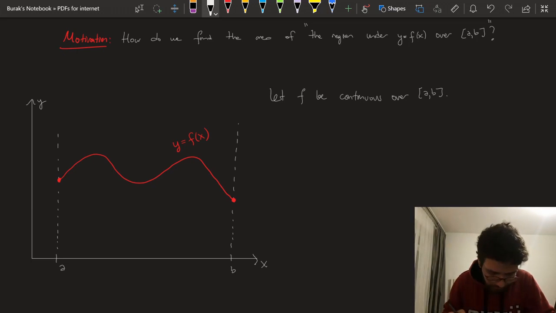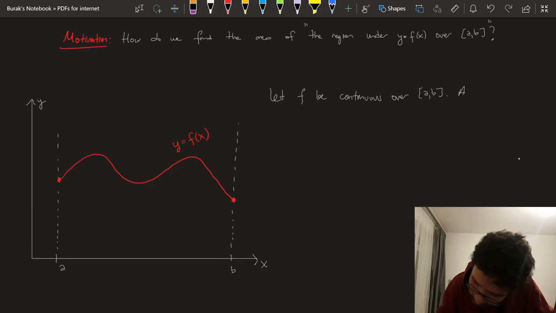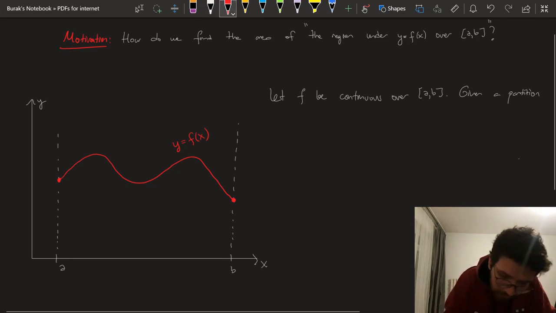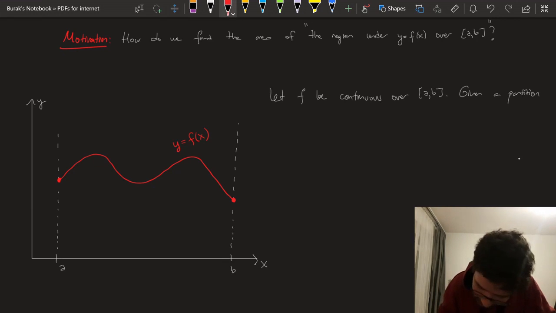Given a partition of AB. Now I need to define what a partition is.